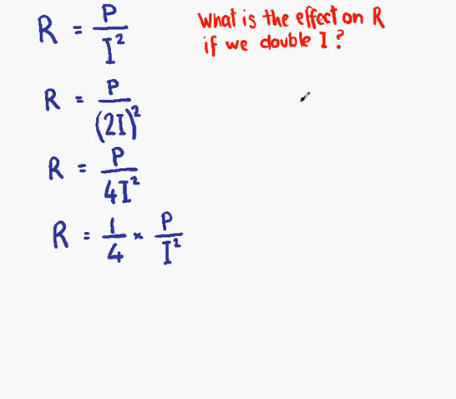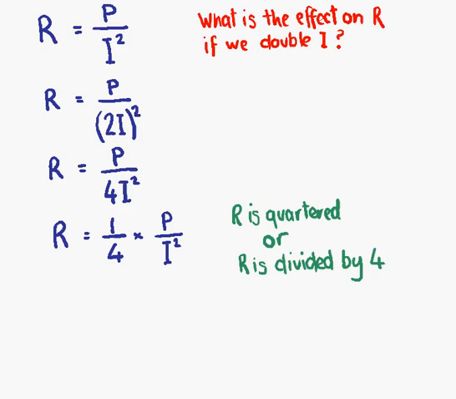Well, if we look at this line, it's exactly the same formula as the top line, only this time we are multiplying by 1/4. So if we double I, then the resistance R is quartered. Or in other words, R is divided by 4. And that's our final answer.